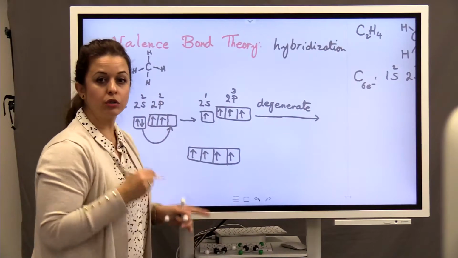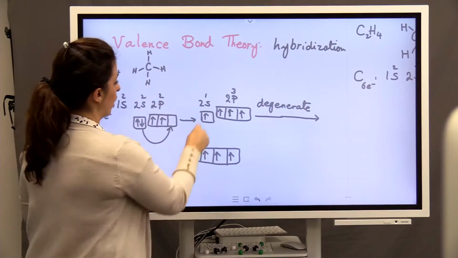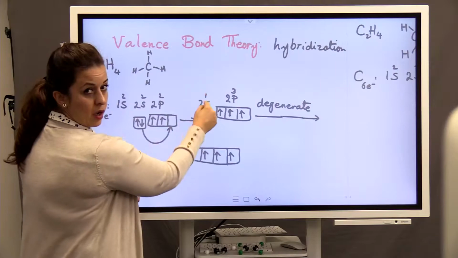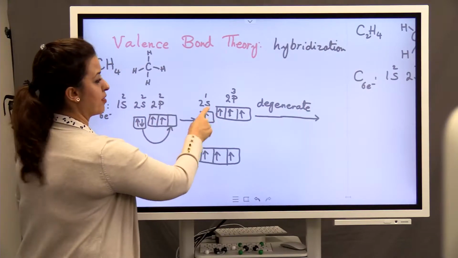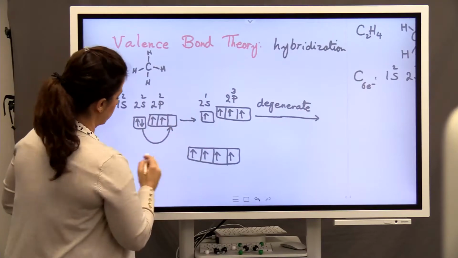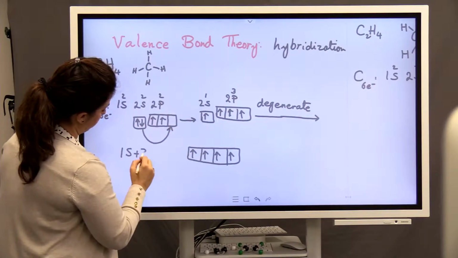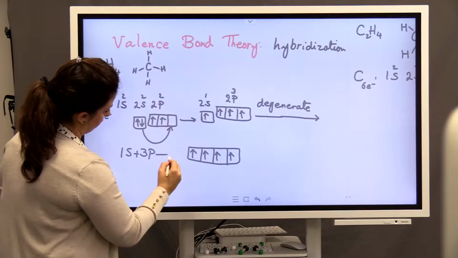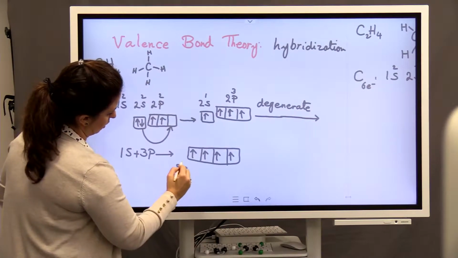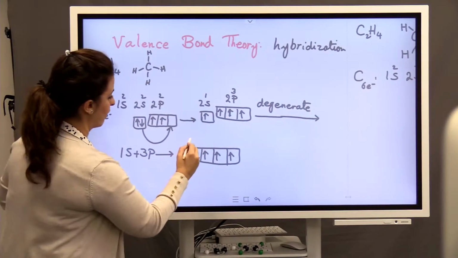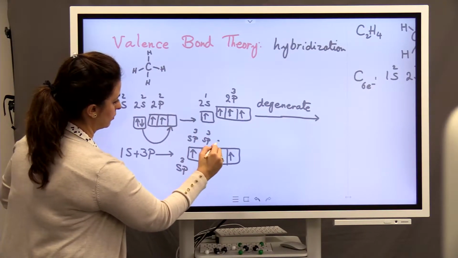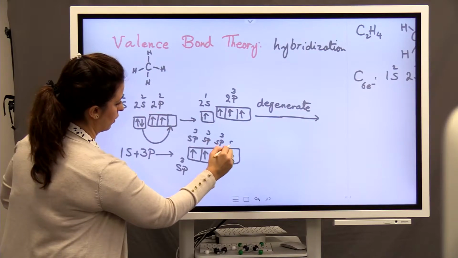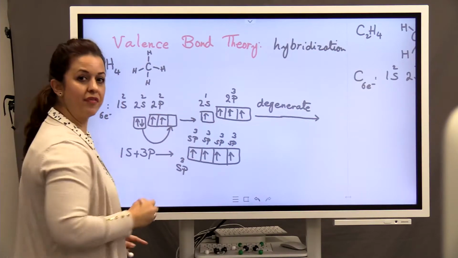Now, how to label them, how to name them? The orbitals came from an s orbital and 3 p orbitals, right? So 1 s plus 3 p makes sp3. So how many sp3 orbitals do you have? 4.